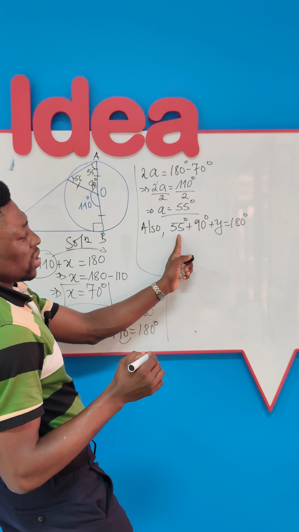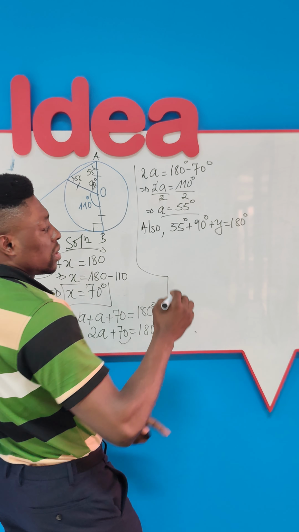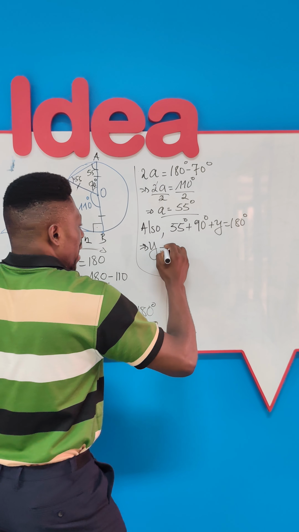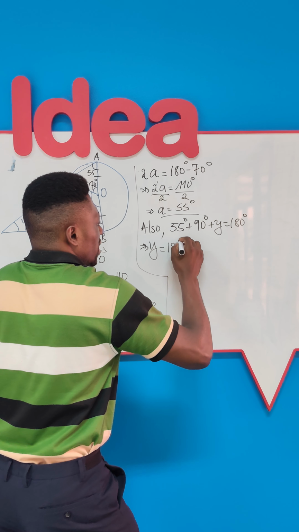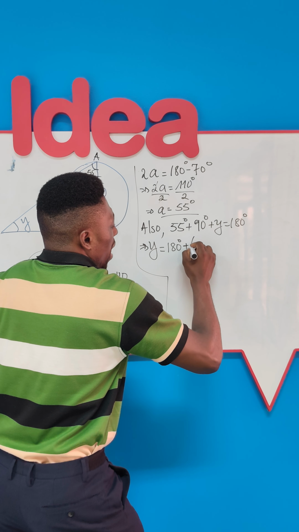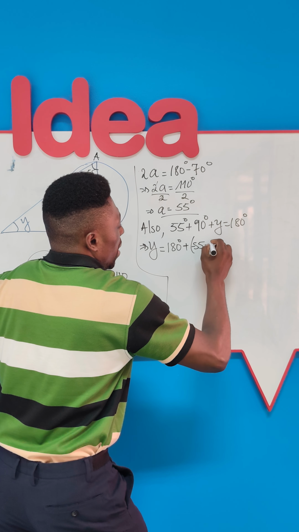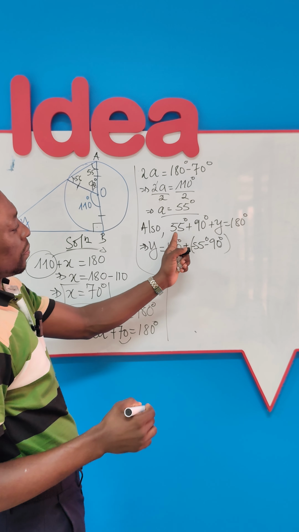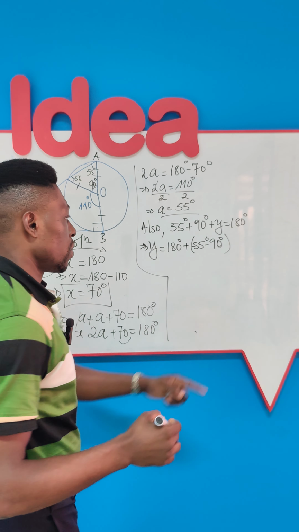Okay, 55 degrees plus 90 plus Y should give us this. This means Y alone will be on the left and I send everything else to the right side. So here, minus 55 and then minus 90 degrees. Of course, you could always simplify it here before sending it to the right, okay?